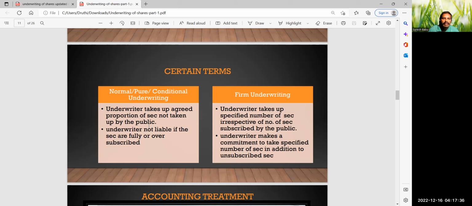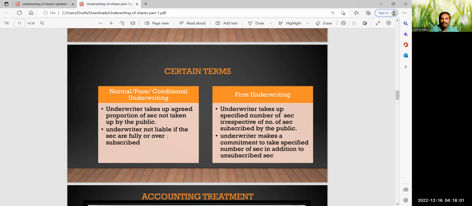Got it? The underwriter is not liable if the securities are fully or oversubscribed. This is obviously known, right? The underwriter says that I would sell 50,000 shares. If applications for all 50,000 shares are received by the company, then even though he has sold less than 50,000 shares, there is no liability on underwriters.